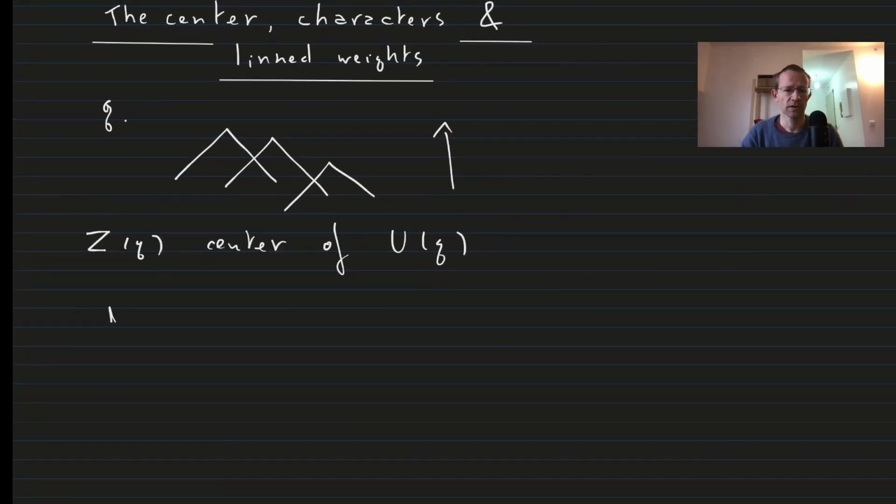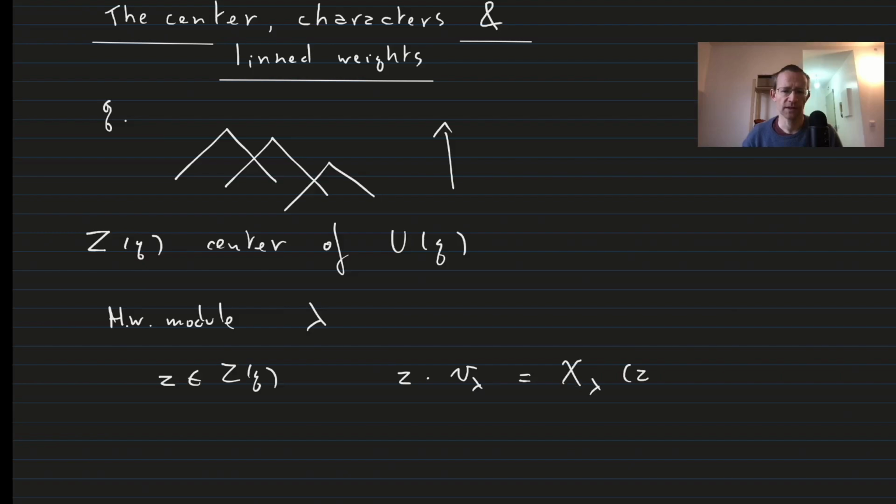Now, it is clear that if we have a highest weight module with a single highest weight state of highest weight lambda, then if we have a Z, an element of the center, it must act to multiply the highest weight vector, and we call the multiple chi lambda of Z acting on V lambda.